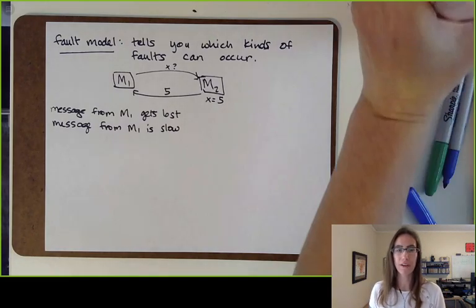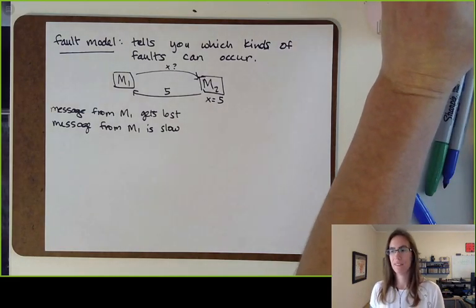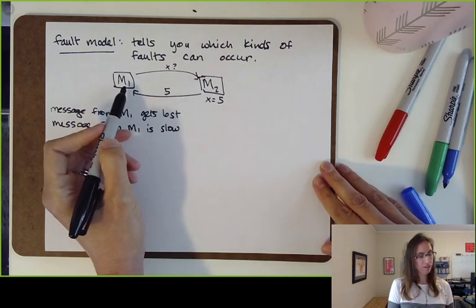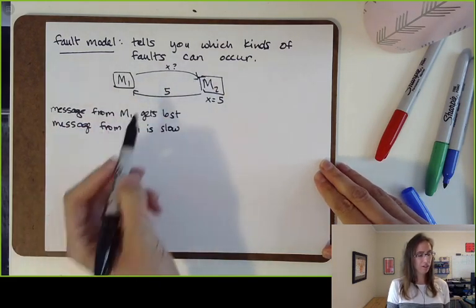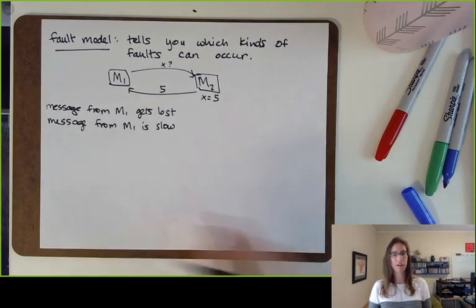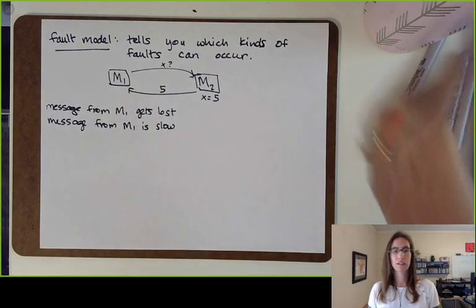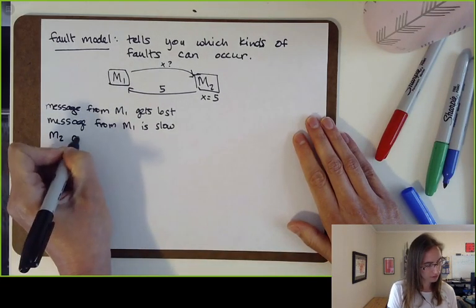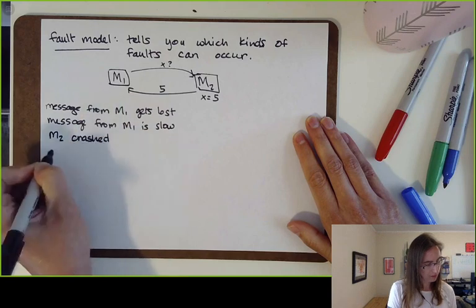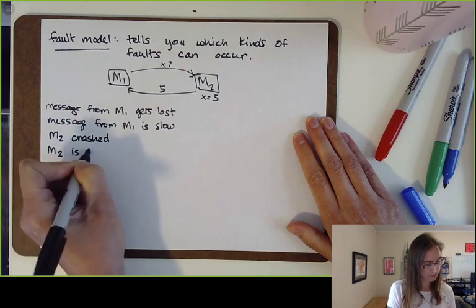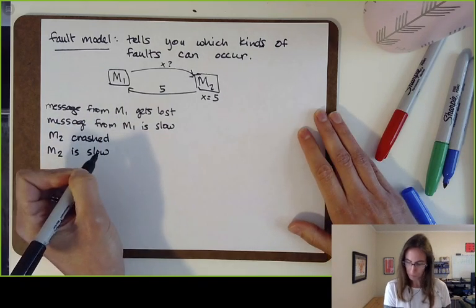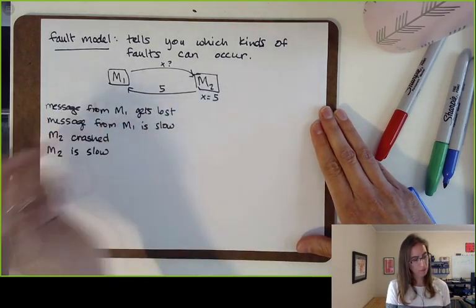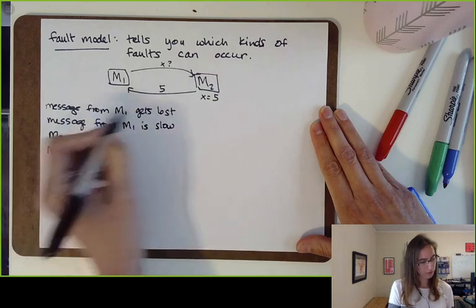Why might M1 not hear back? If you're M1, you're sitting here, you've sent this message out into the ether and you don't hear back. What are some of the other reasons why you might not hear back? Good, M2 crashed. M2 is slow. And what else? The message back from M2 to M1, the response could be slow.